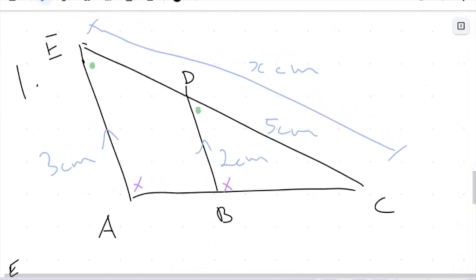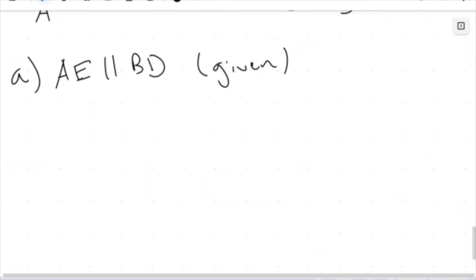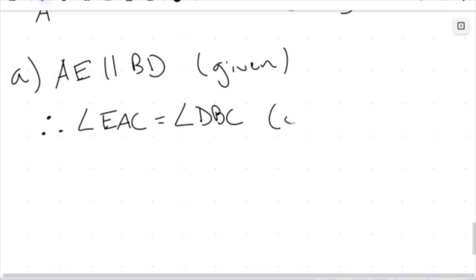And I have my angle EAC is equal to angle DBC. So I'm going to say, therefore, angle EAC, like we said before, is equal to angle DBC. And these are corresponding angles in parallel lines.